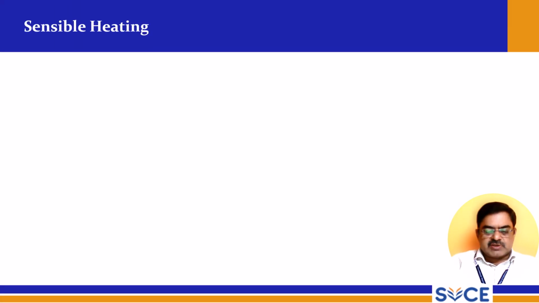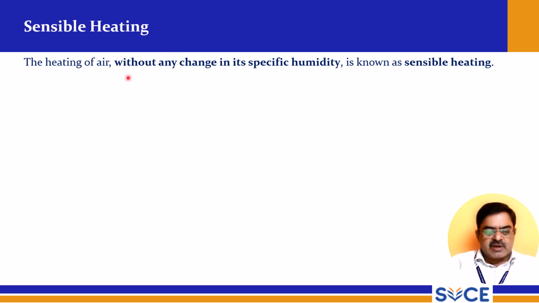So first is sensible heating. The first topic in this part is sensible heating. The heating of air without any change in its specific humidity is known as sensible heating. So there is no change in specific humidity, then it is known as sensible heating.